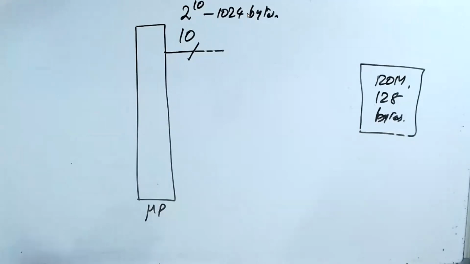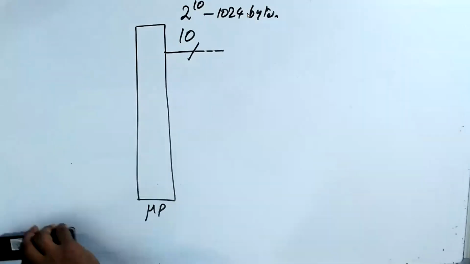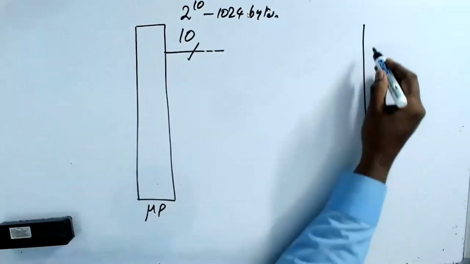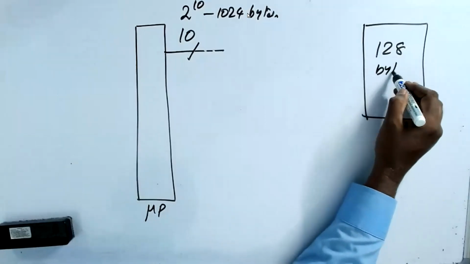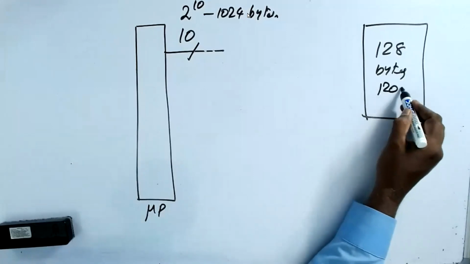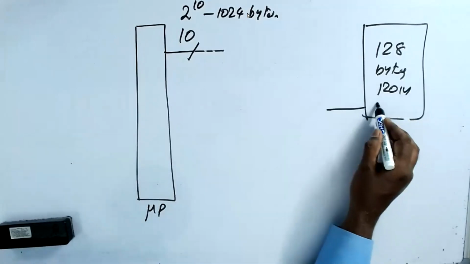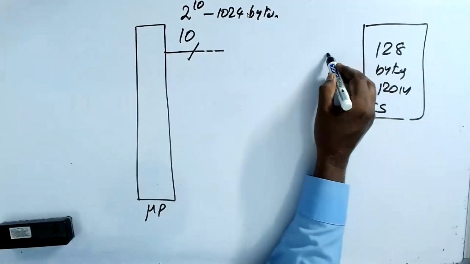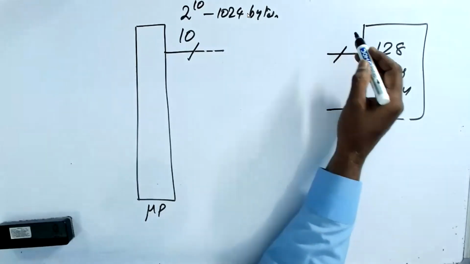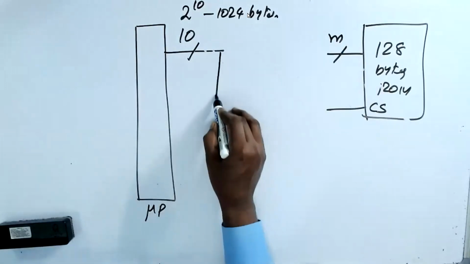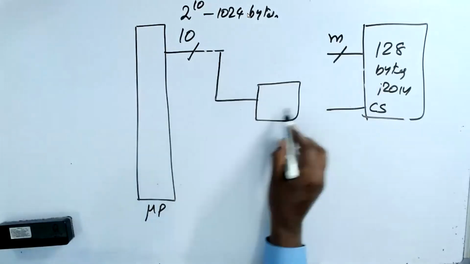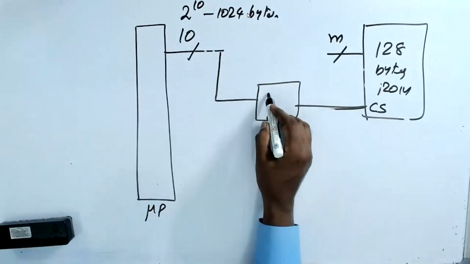So let me make it slightly above, then it's easy for us. This has a chip select. This has an address line of M, and this is your select logic.